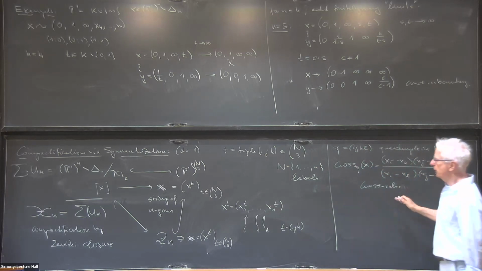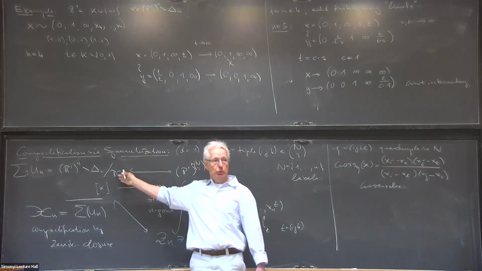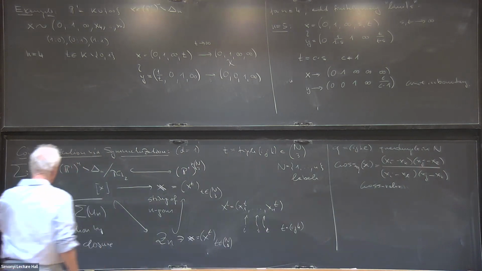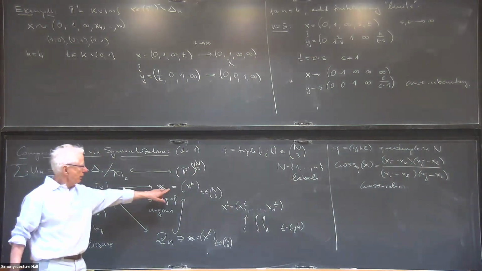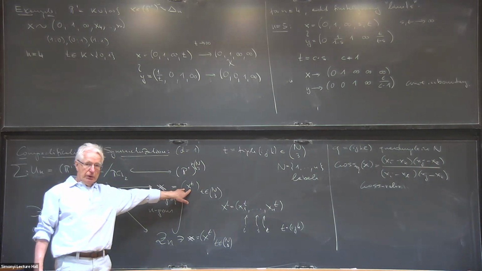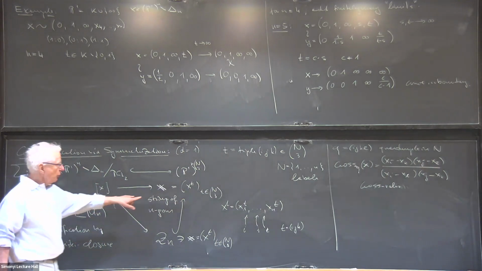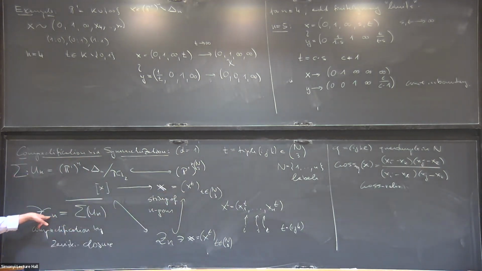And the cross ratio is an invariant under the action of PGL2. So it is clear that all elements in U_n, all these strings here, will have the same cross ratios. And as the cross ratio is continuous, also the elements in the Zariski-closure will be strings having n-gons with the same cross ratios.